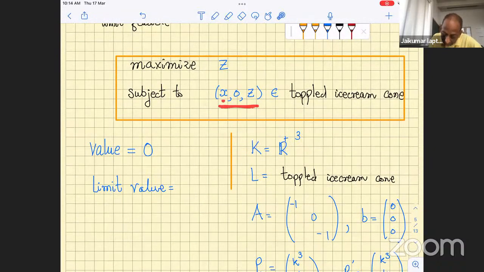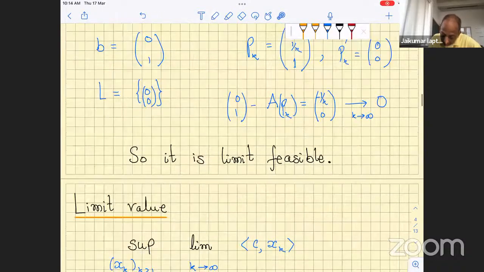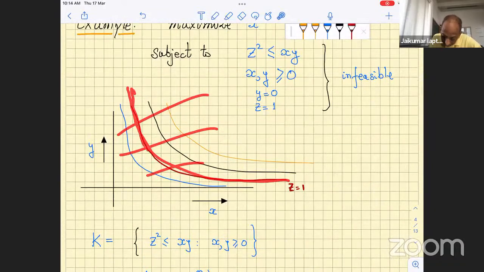This quantity, if you parameterize it right, is something like 1 over k, and this goes to 0. That means take any value of Z, we will be able to get eventually to something that is very close to it.